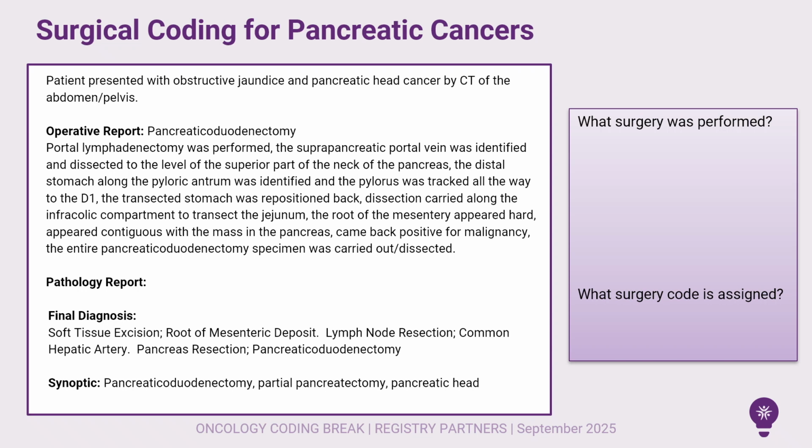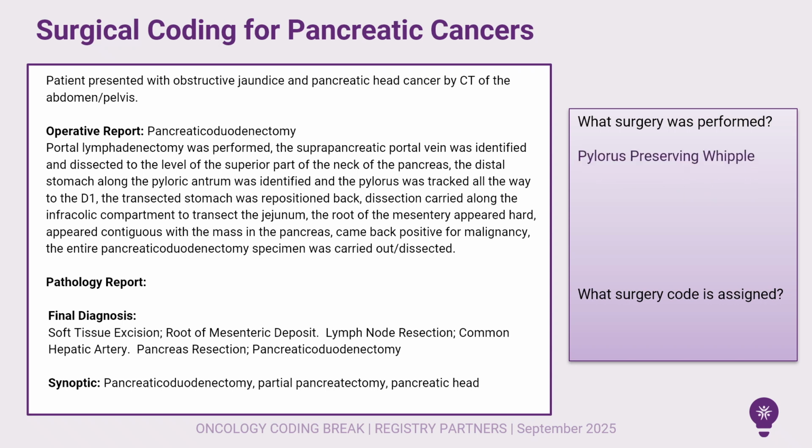The final diagnosis of the path report stated a soft tissue excision, root of mesenteric deposit, lymph node resection, common hepatic artery, pancreas resection, pancreaticoduodenectomy. The synoptic showed a pancreaticoduodenectomy, partial pancreatectomy, and pancreatic head. So with this, what surgery was performed and what surgery code is assigned?